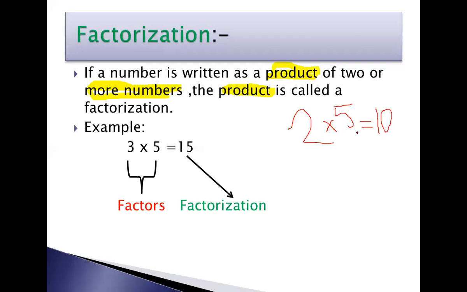So these are the factors of 10, 2 and 5. In factors, you multiply the numbers and get the given number. So the multiplied numbers are called factors and the answer is the factorization.